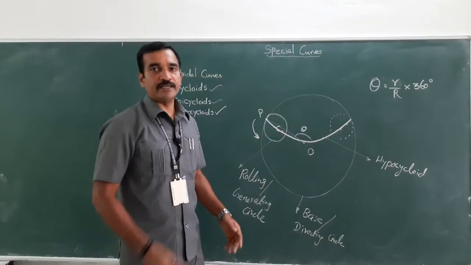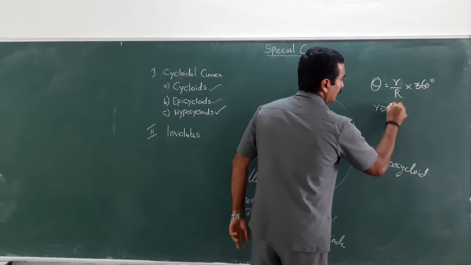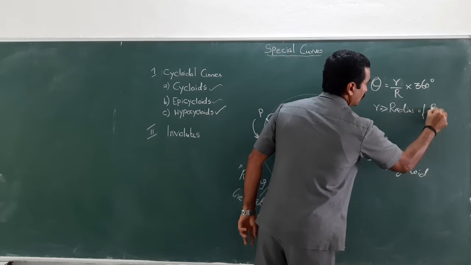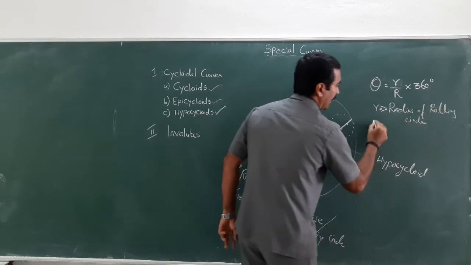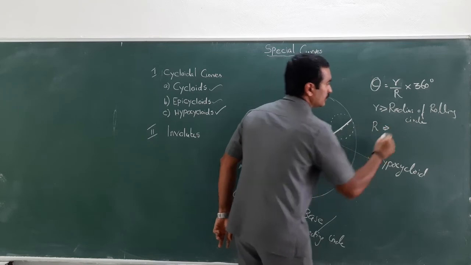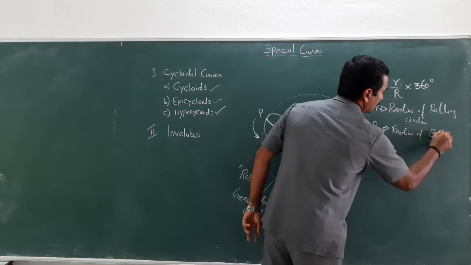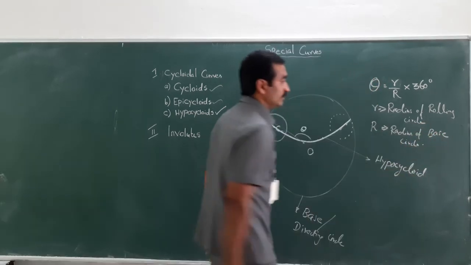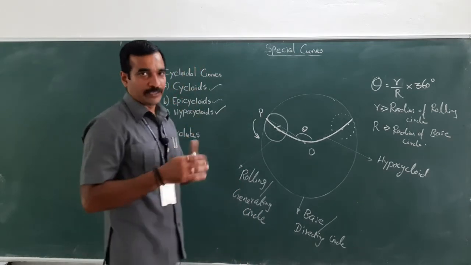Small r is nothing but the radius of the rolling circle, and the capital R is the radius of the base circle or the directing circle. Remember this? So, let me just give a quick review over this.